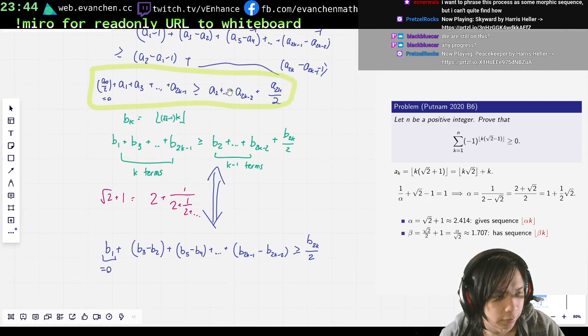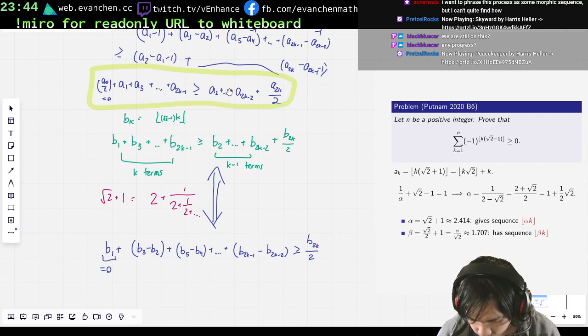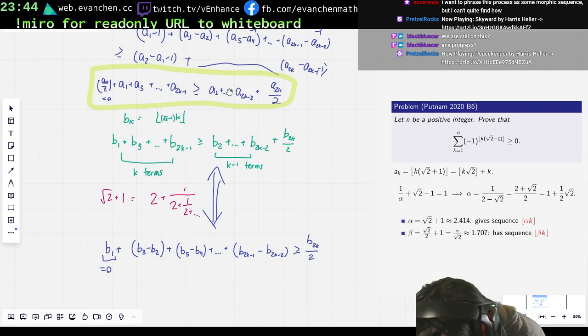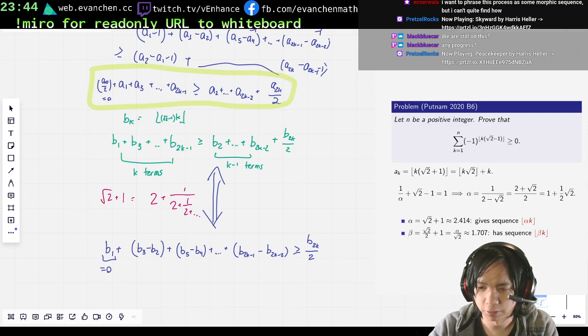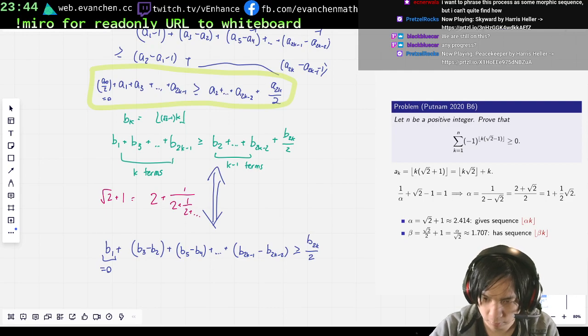At this point, I should start writing what the sequence is. Okay, let me, I want a calculator. b7 minus b6.